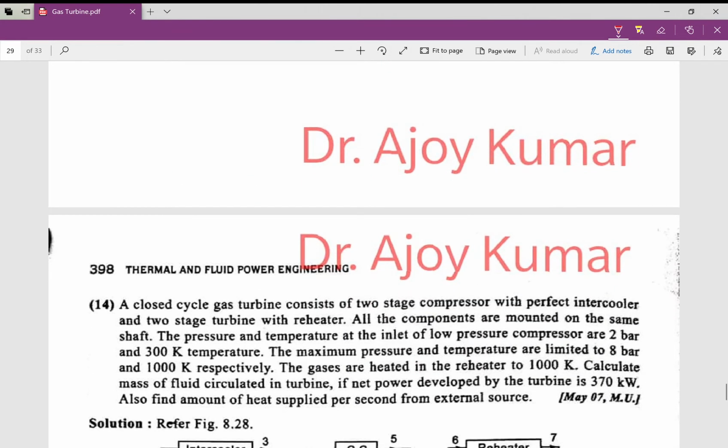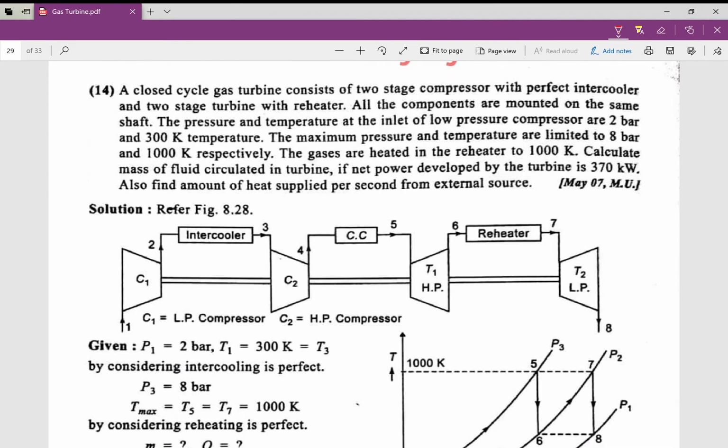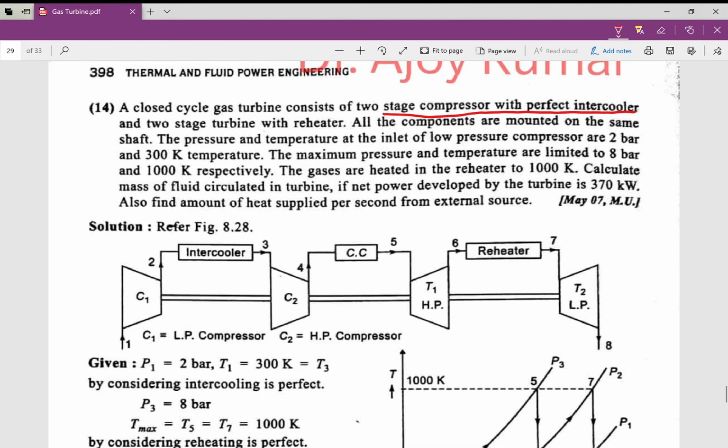So dear students, let us move to the last numerical based on gas turbine, which is mentioned as a closed cycle gas turbine consisting of a two-stage compressor with perfect intercooling and a two-stage turbine with reheater.